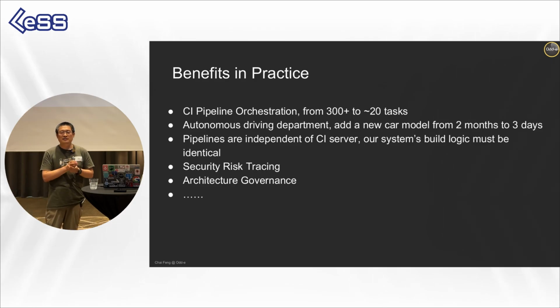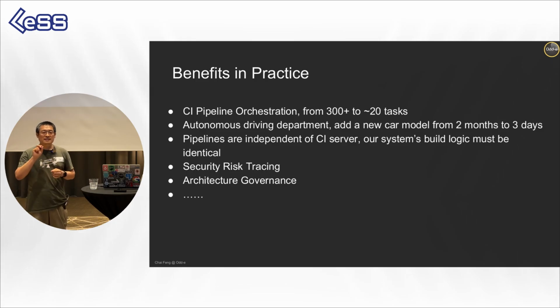The system can automatically identify the exact impact scope of any change, and then it generates a unique one-time pipeline only for that change. And the pipeline only contains the tasks that need to be rebuilt, tested, and integrated.